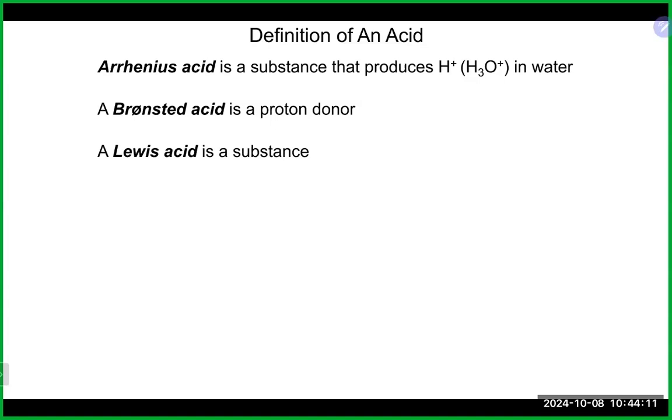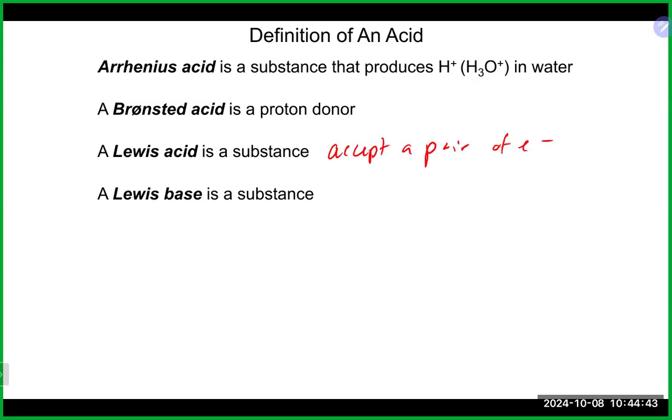When we think of Lewis, we think of Lewis structures, and when we think of Lewis structures, what things are involved in Lewis structures? You draw Lewis structures with electrons, yes, valence electrons. So it's not surprising that Lewis's definition of an acid and base actually involves electrons. So a Lewis acid is actually a substance that will accept a pair of electrons.